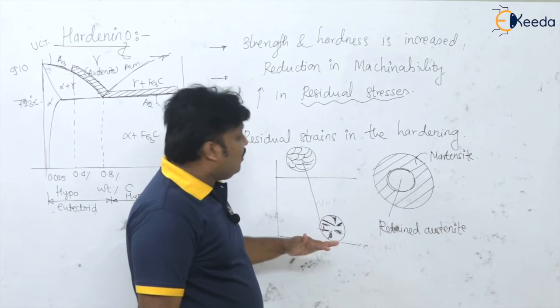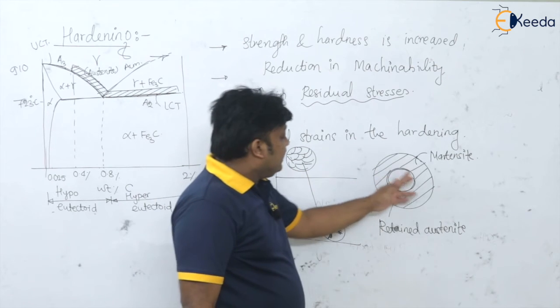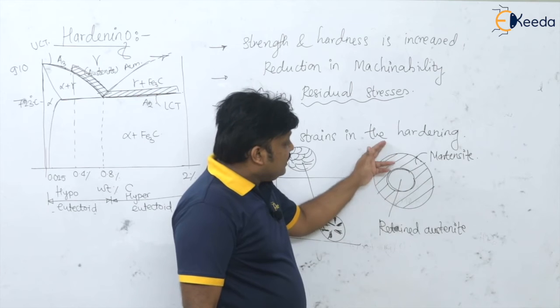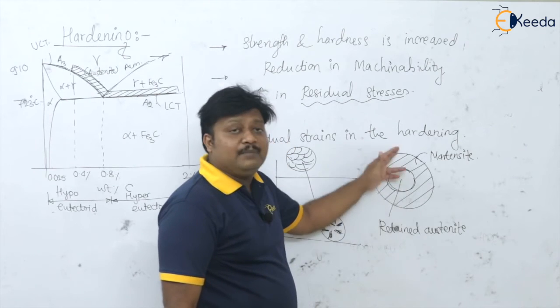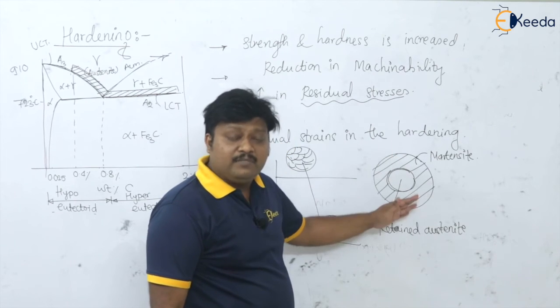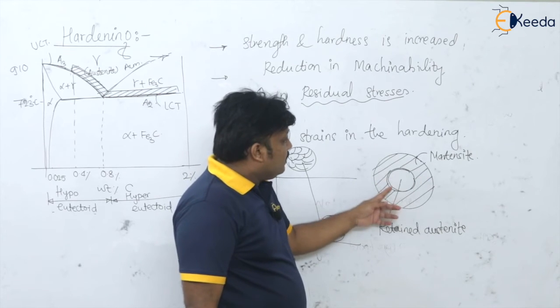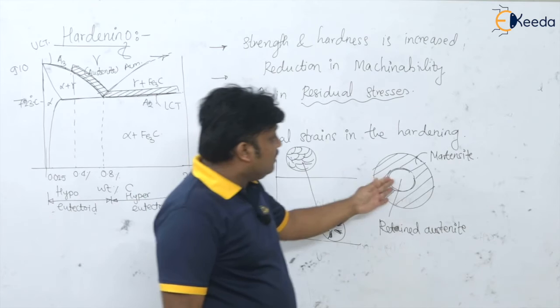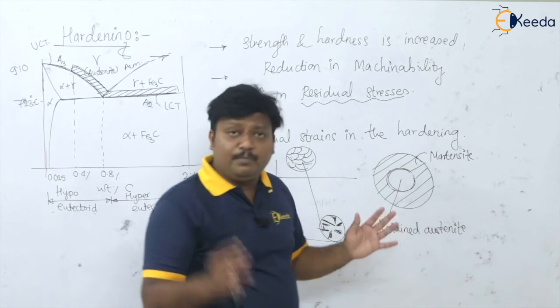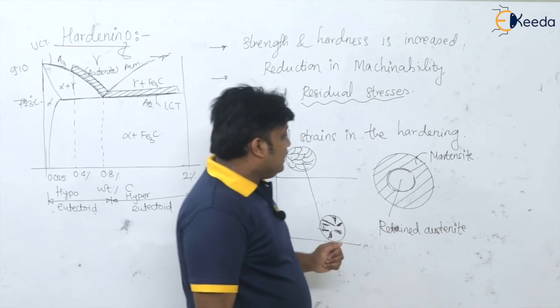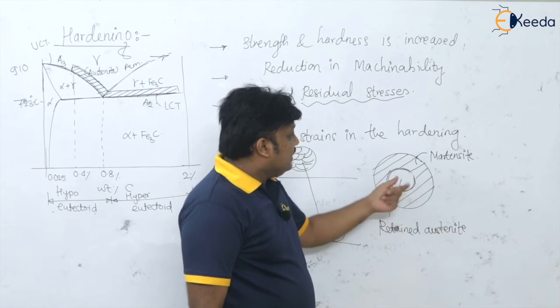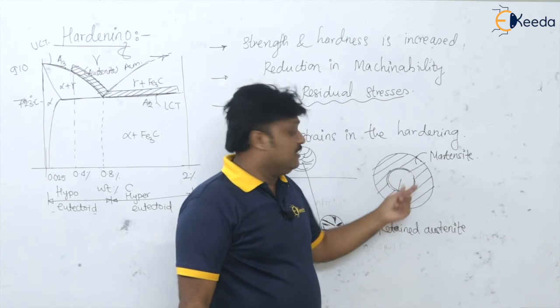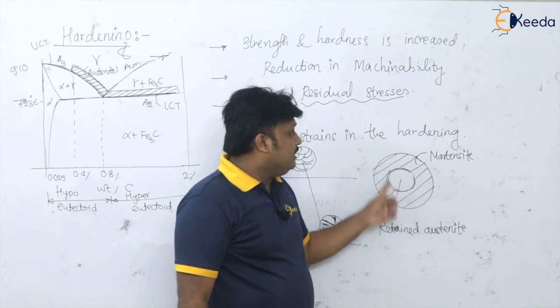So the conversion of austenite into martensite is not taking place up to the full depth of the object, because the core is not getting that much time to get converted into martensite because of the rapid cooling. So that is the reason why some austenite is retained in the core of this object.